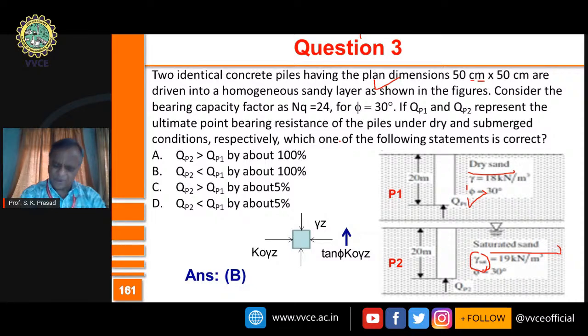What are the requirements for providing raft foundation? And then we talked about contact pressure, we talked about settlements, we talked about three types of settlements: settlement which is immediate, which is also called elastic settlement, consolidation settlement, and then finally we talked about creep settlement.